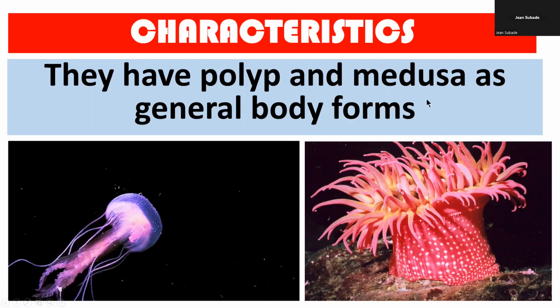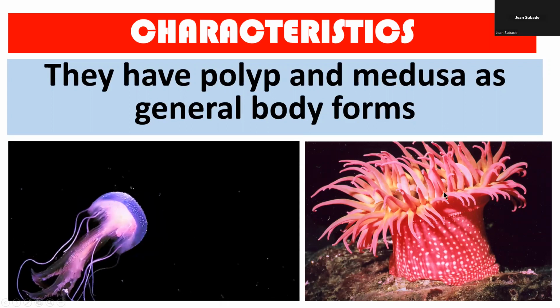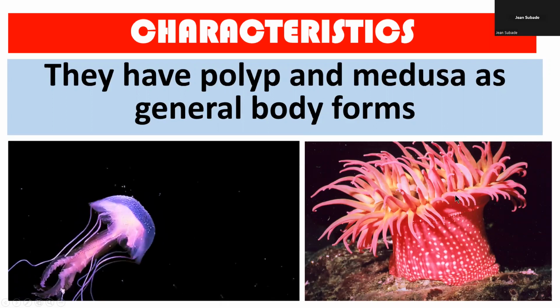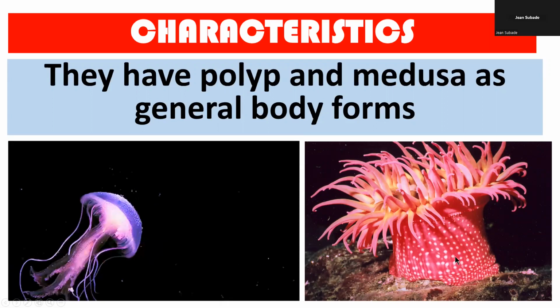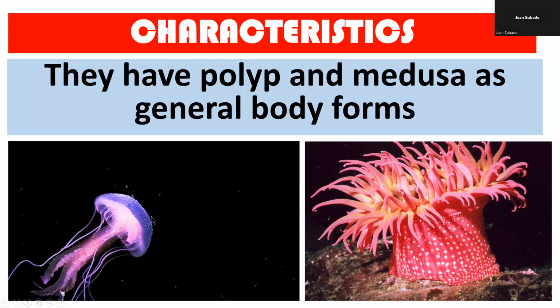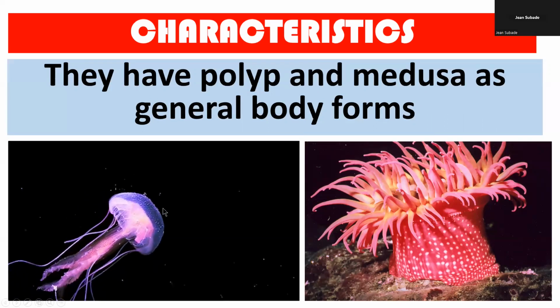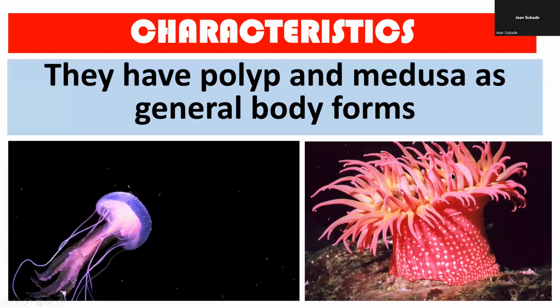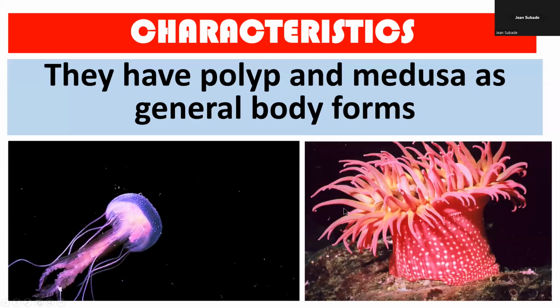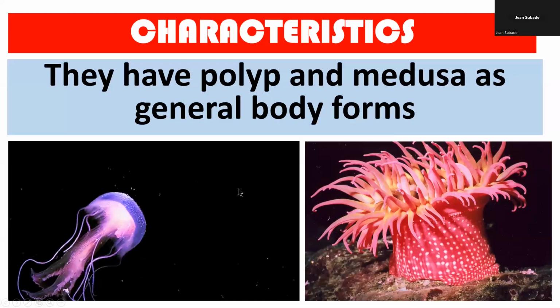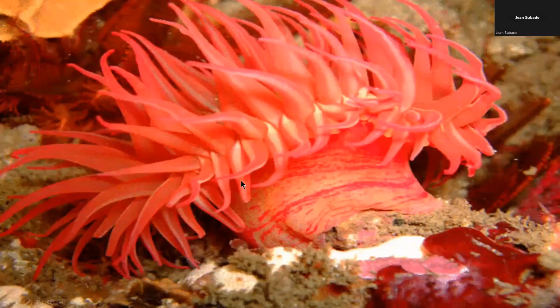So the sea anemone is the best example for the polyp body form, and the jellyfish is the best example for the medusa body form. There you go.